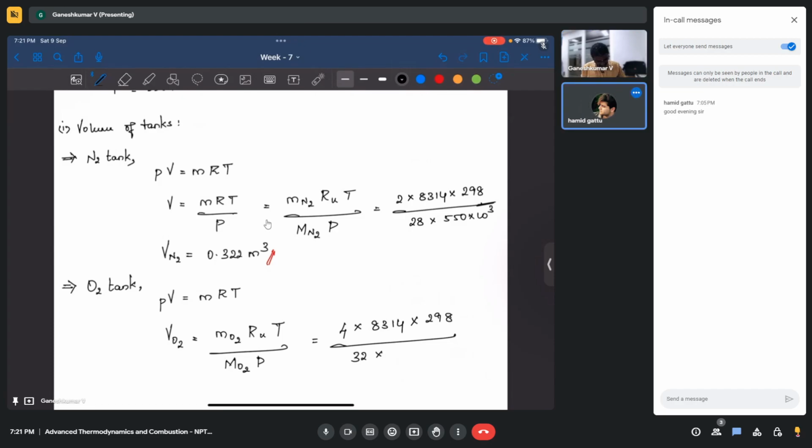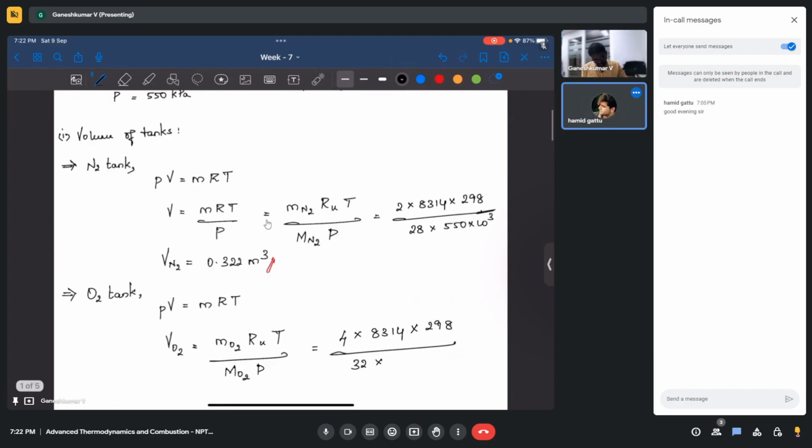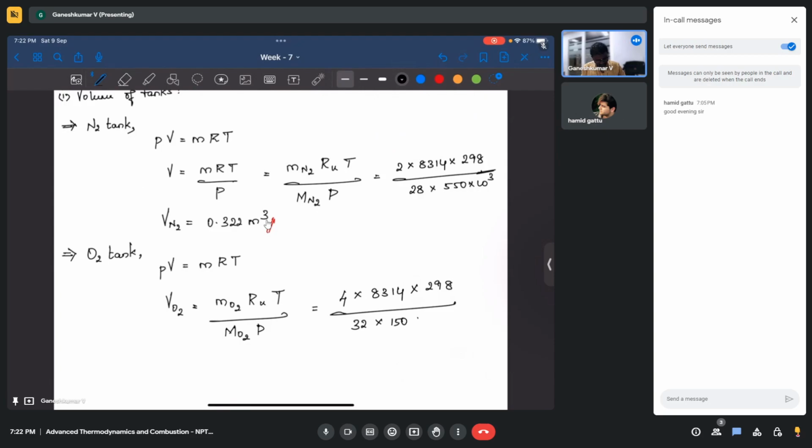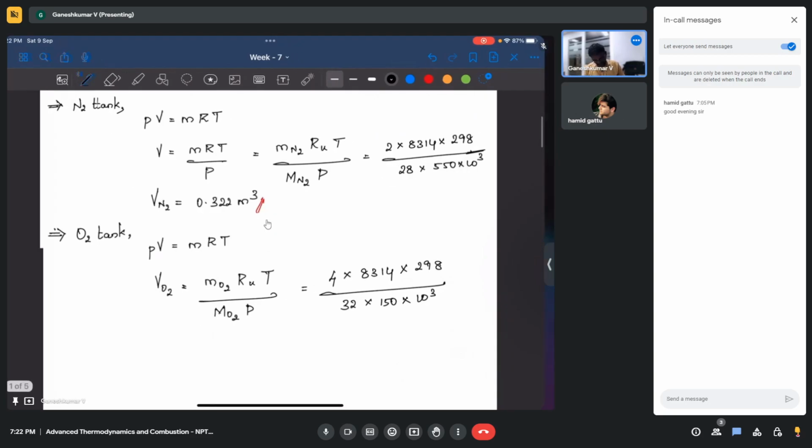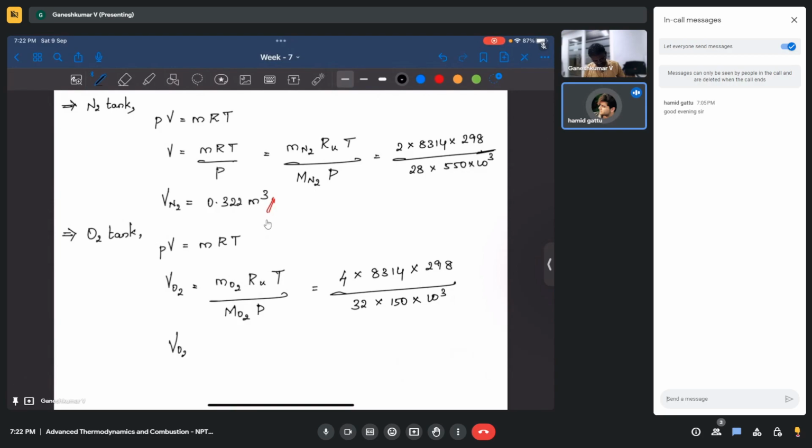Yes, sir. Pressure is 150 kilopascals. So I'm getting 2.065 meter cube.